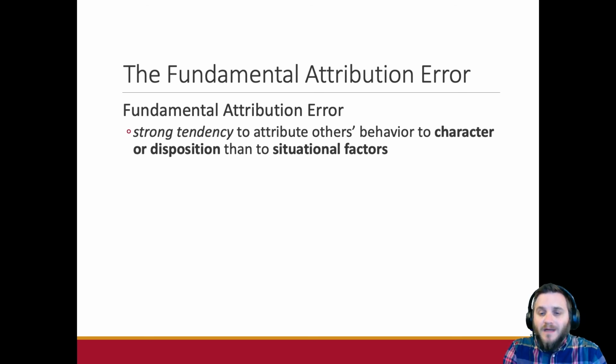So it's a strong tendency to think somebody behaved in a certain way because of who they are, not the situation that they are in. This is obviously an error because we don't know.